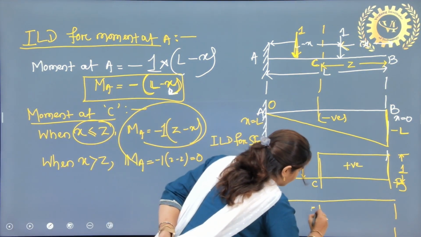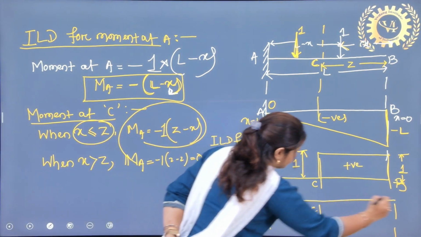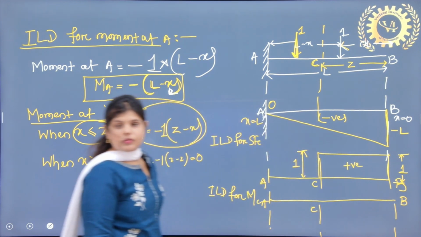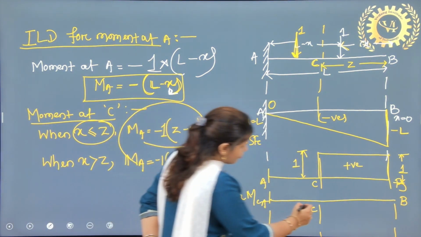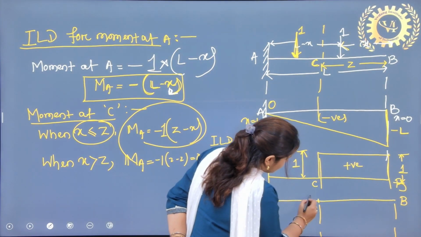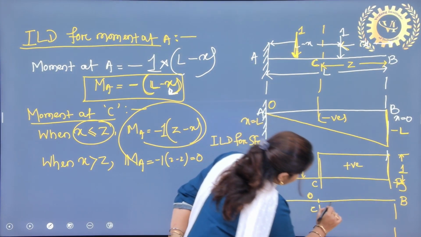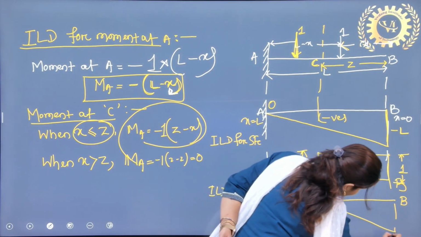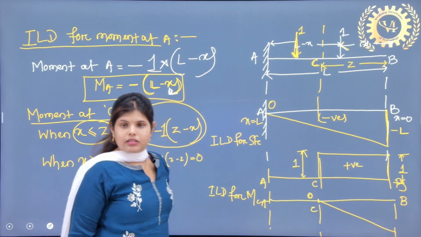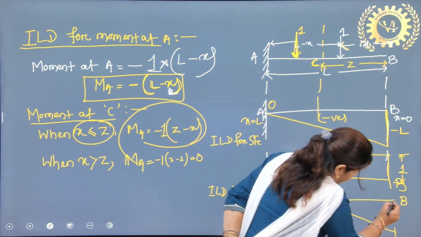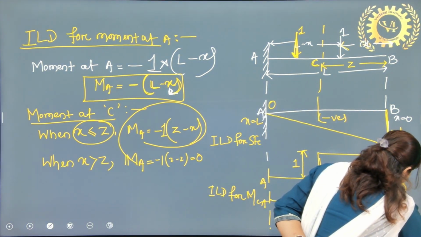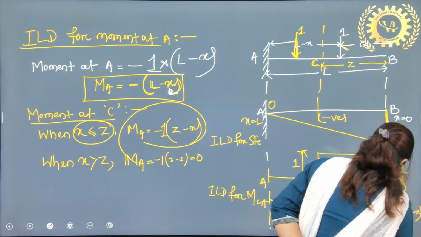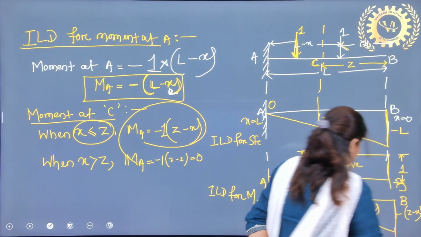Up to this point C. Okay. So here the moment becomes 0. So you can draw it like this. Let's join this, and the value is your minus of z minus x. This is your negative.